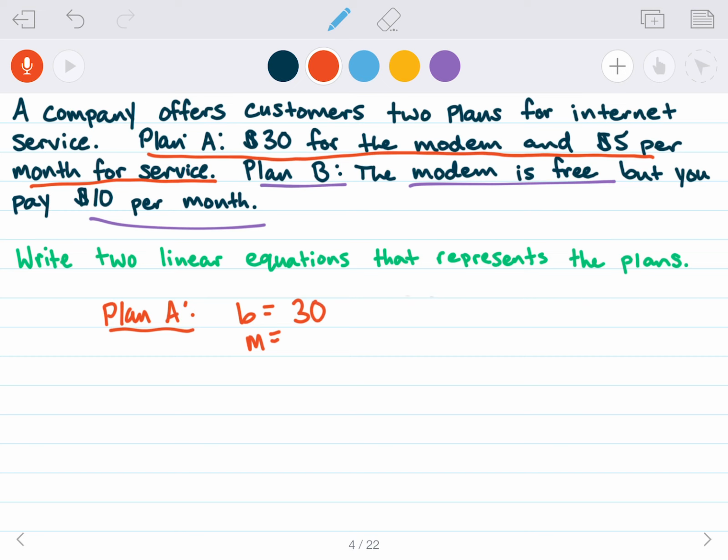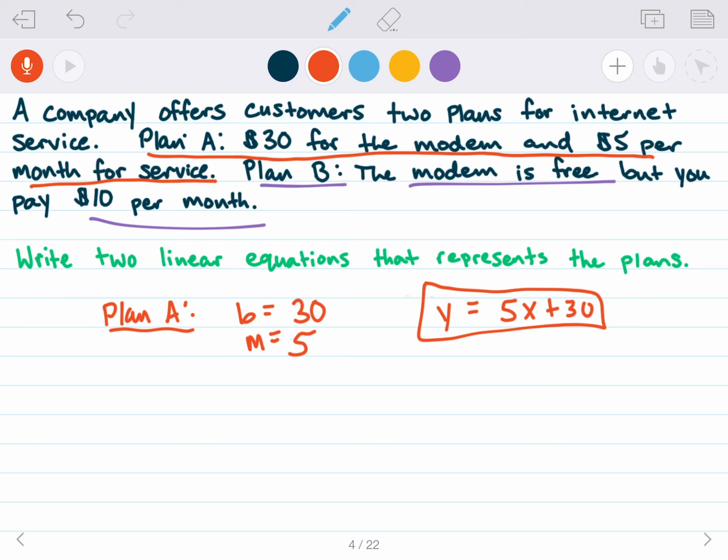And $5 per month, that's going to be my slope because remember, slope is the rate of change per unit of time. In this case, our unit of time is months. So we're increasing by $5 every single month. So our equation for plan A is y equals m, which is 5, x plus b. So that's our equation for plan A.